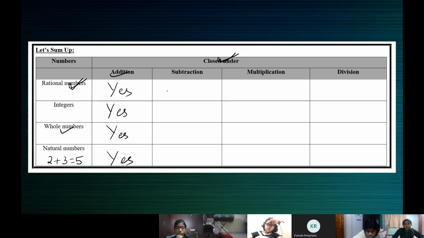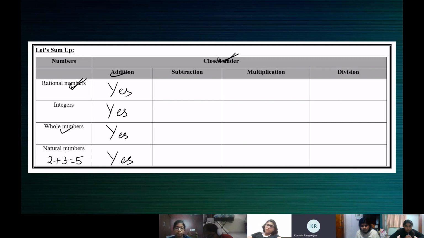Please remember that in rational numbers, we have more collection. When compared to natural numbers, whole numbers, and integers, in integers we have more numbers than natural and whole.